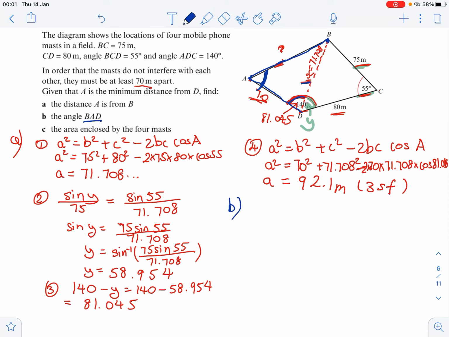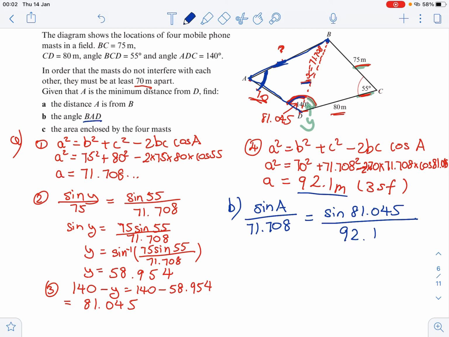So for part B, using our sine rule: sin A over 71.708 is equal to sin 81.045 divided by this length which we just found from part A, 92.1.